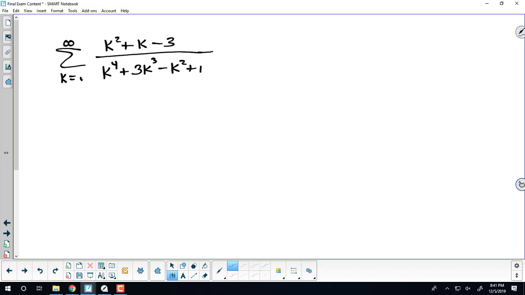The idea of the limit comparison test: L is the limit as k goes to infinity of a sub k over b sub k. Depending on what L was, what the limit was, and what the chosen series b sub k did, that's how we made a conclusion about the given series.